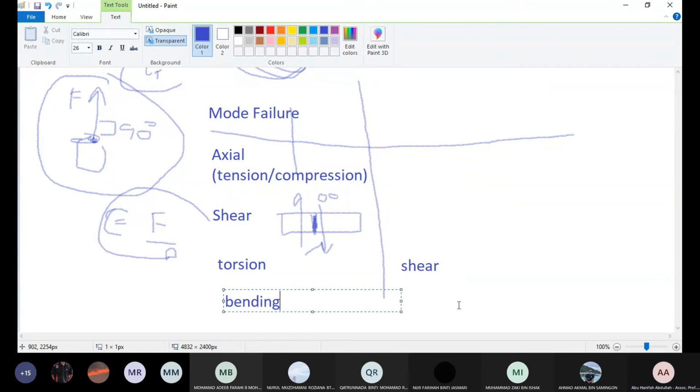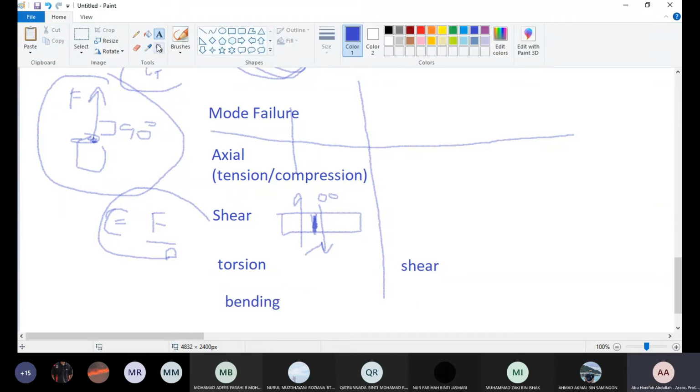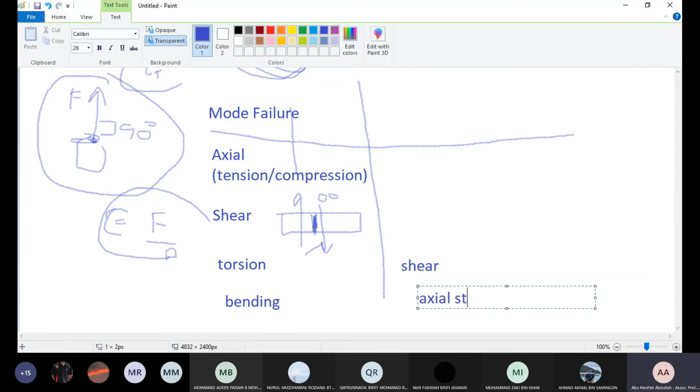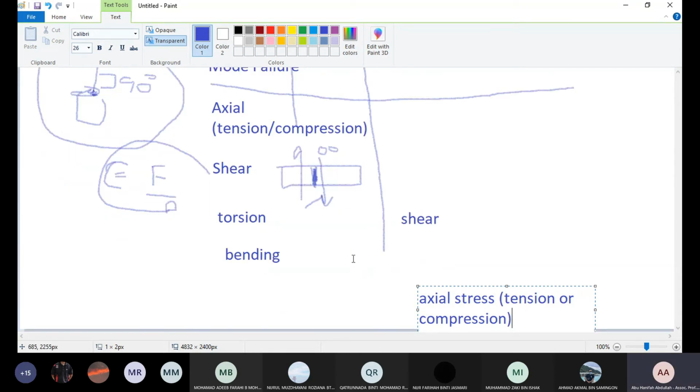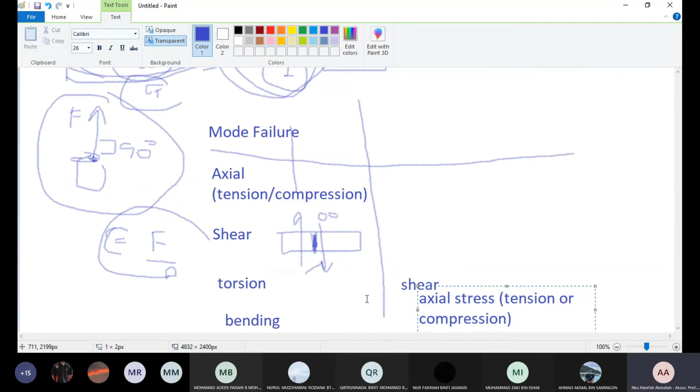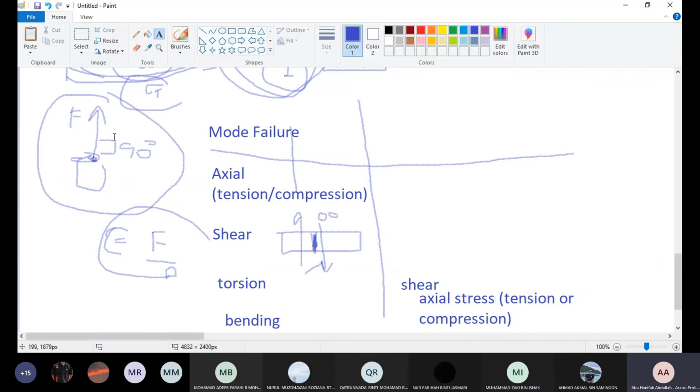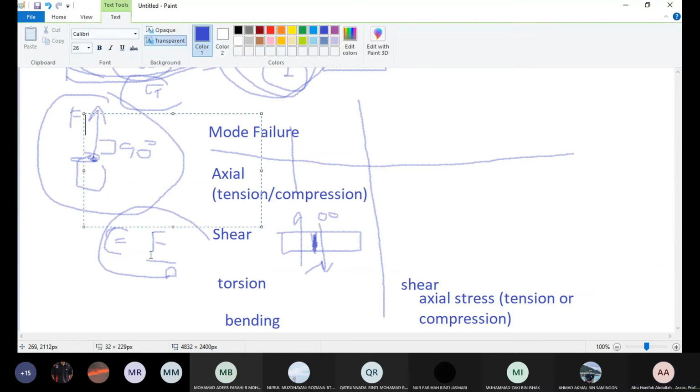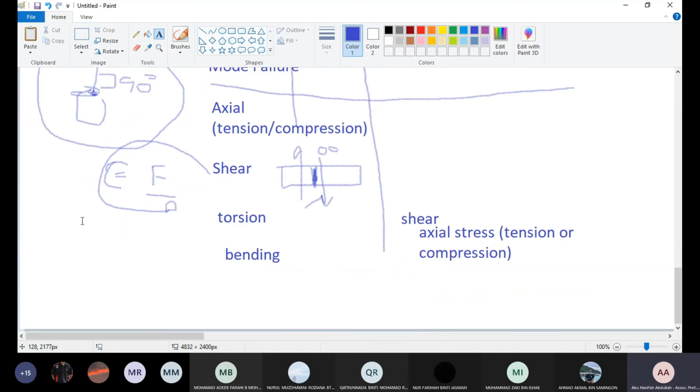Bending up, bending down, you also get axial stress, either tension or compression. So whatever we do, we depend on this same equation: force over area.